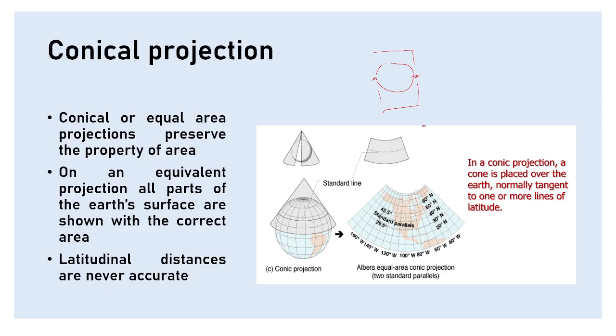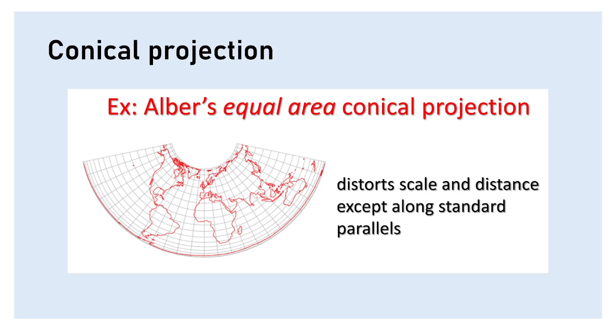The only thing you have to keep in mind is that in the cylindrical projection area is distorted, but here the property of area is preserved. A good example of that is the Albers equal area conical projection.